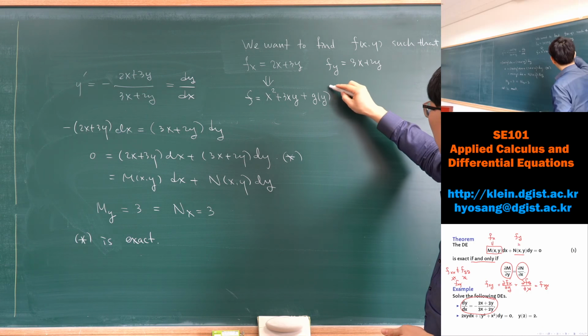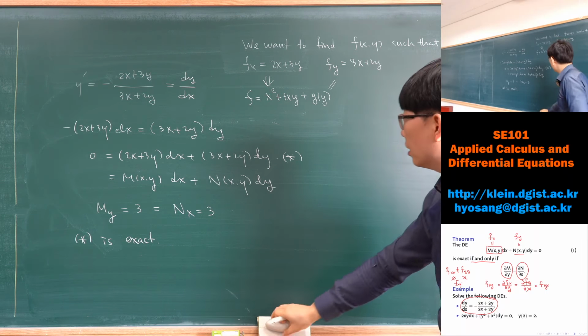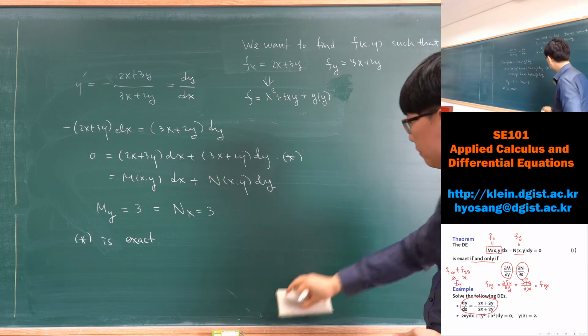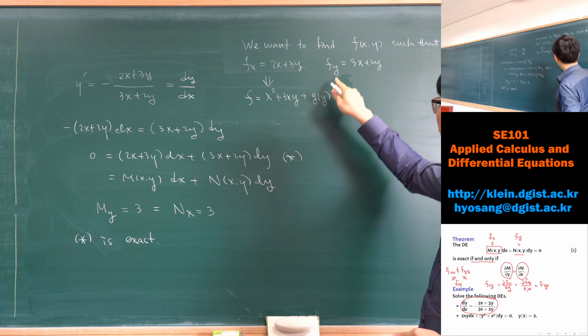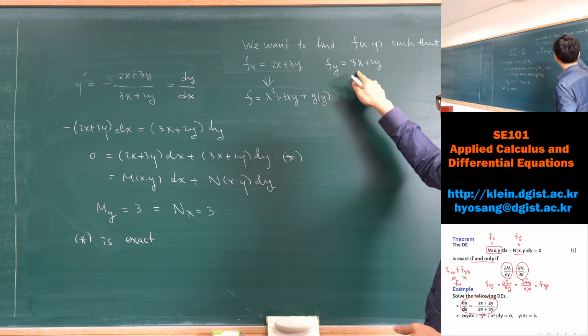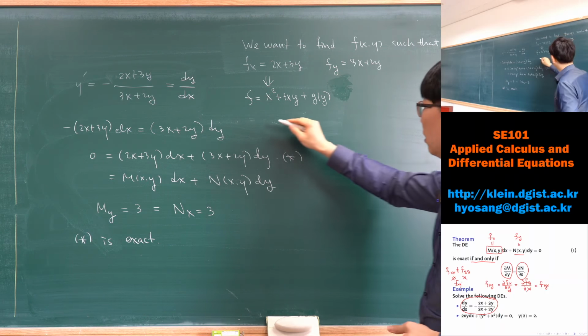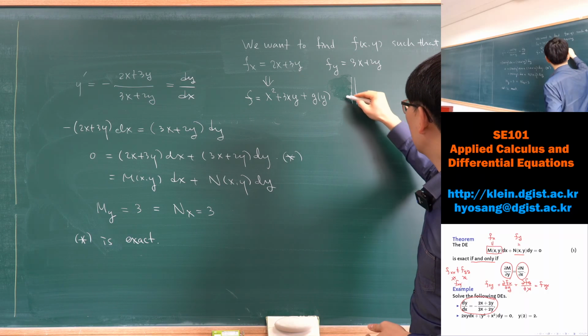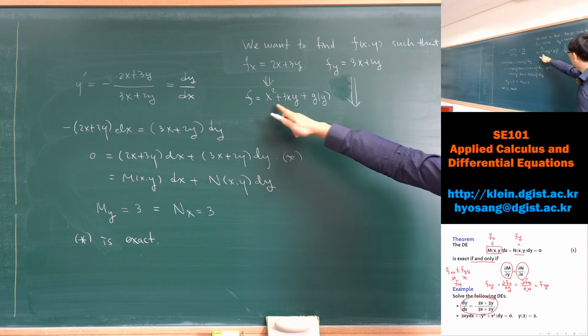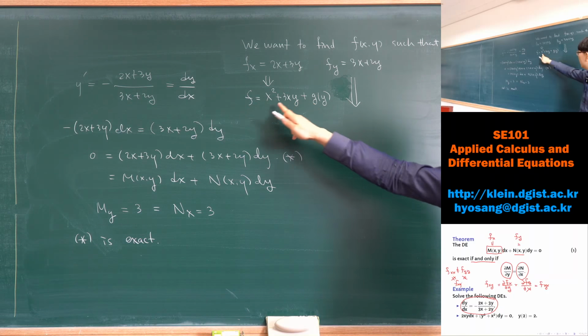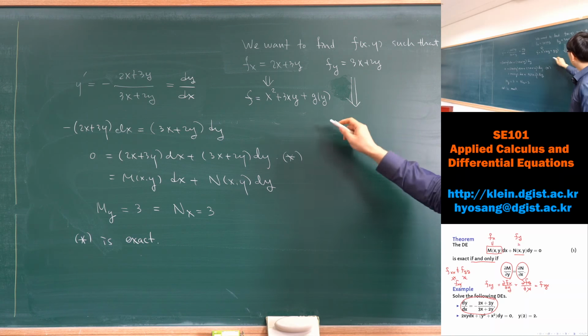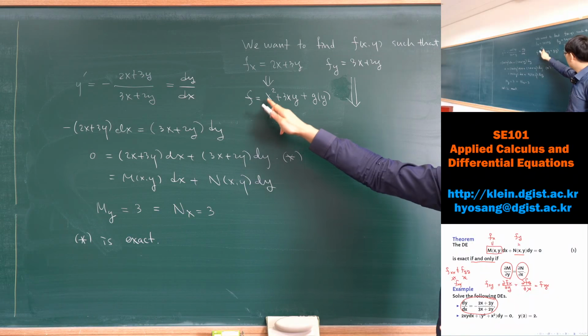So if I had a function f of this form, and I got fy equals 3x plus 2y by taking the derivative with respect to y, then with this intermediate fact, if I take a derivative in y, x squared will disappear.